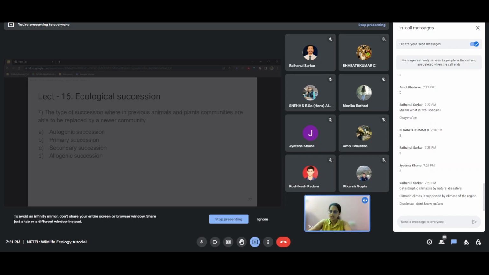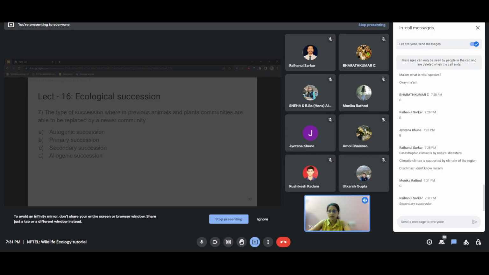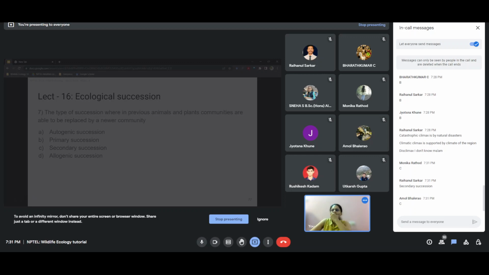Is it called autogenic succession, allogenic succession, primary succession, or secondary succession? C. Okay, C is the right answer.